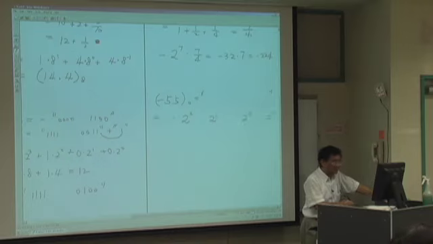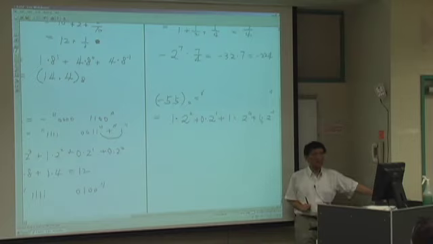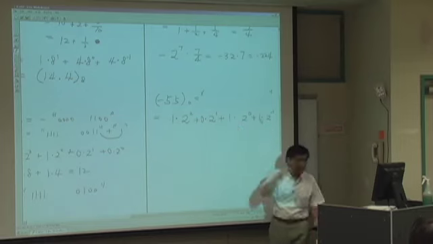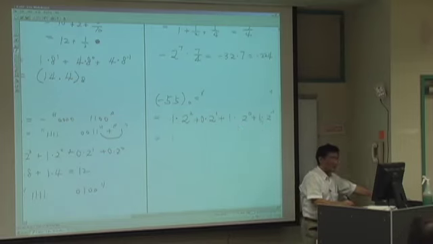So it is 1, 0, 1, 1. Right? So it's exactly identical. Because of this, we can write this number this way with binary representation.